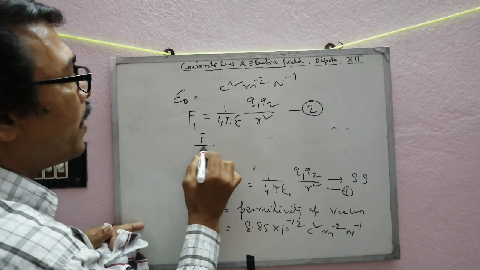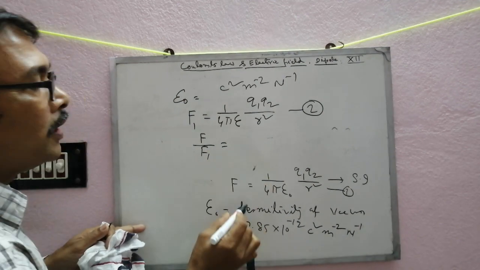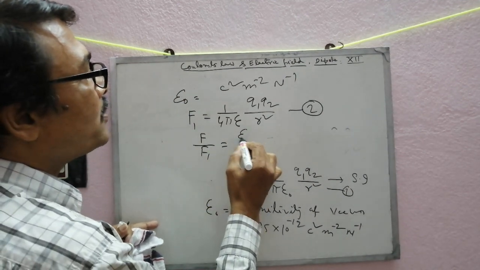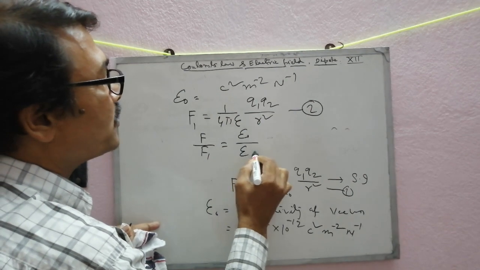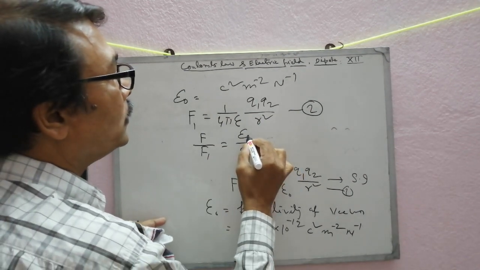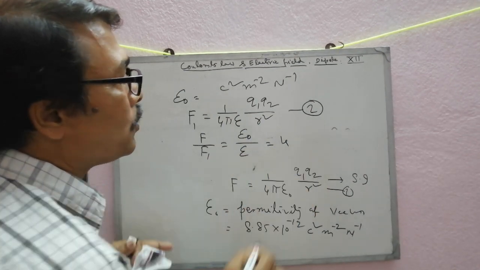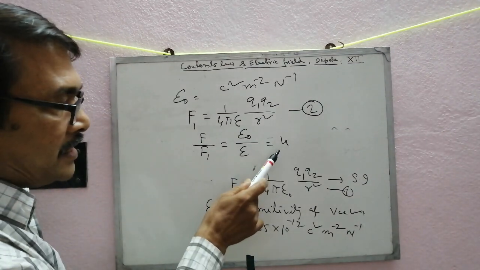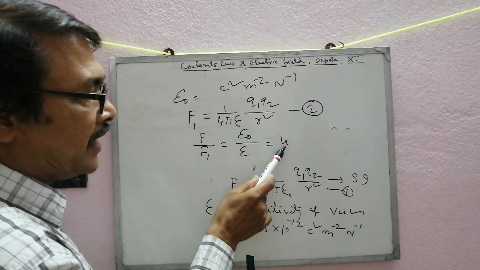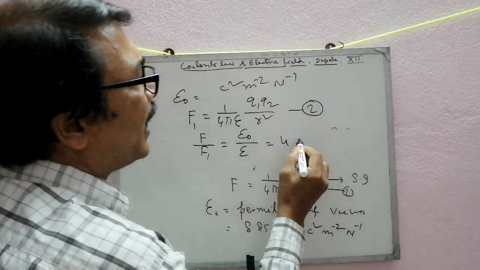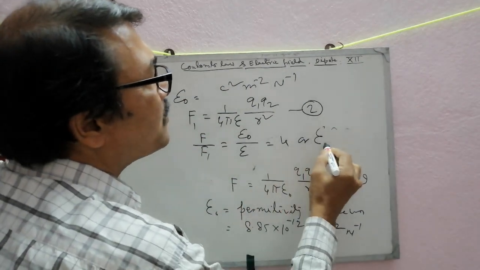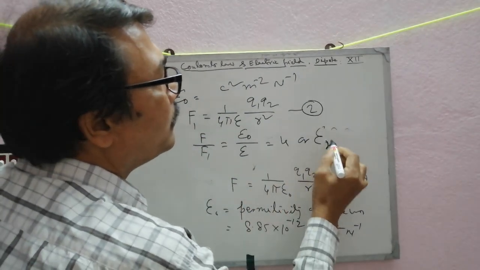F by F1 equals epsilon naught by epsilon. This is called the dielectric constant. I indicate K as the dielectric constant; you may write K or epsilon r.